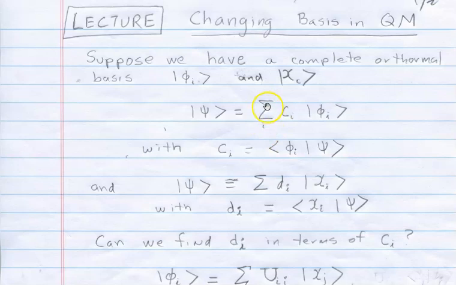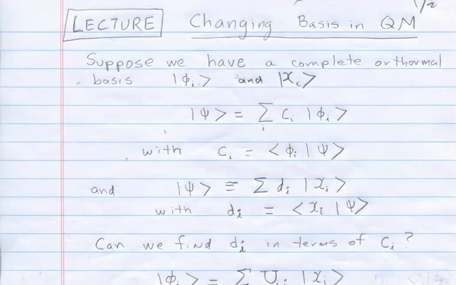And again, this could be continuous or discrete. Here I've got it listed as discrete. If it's continuous, then I have to integrate over this, a continuous variable here. And we know how to get the c_i's. It's just the projection of the psi onto each one of these basis elements with this inner product.